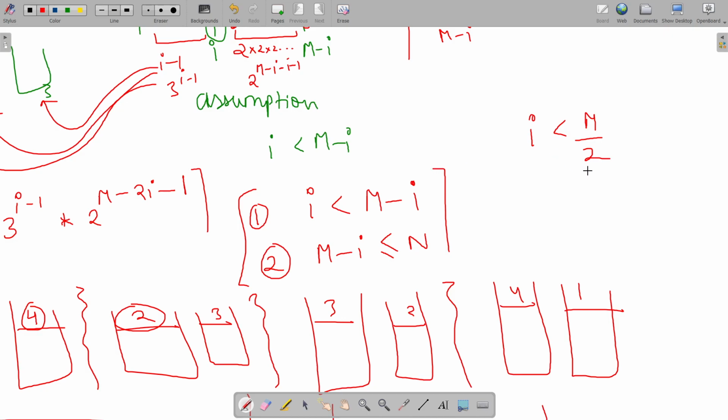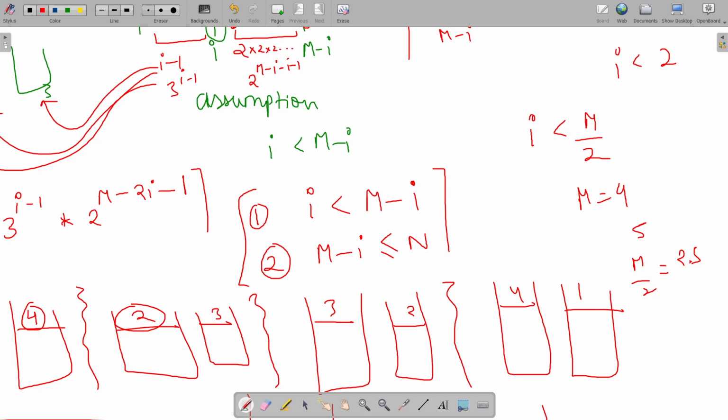Okay. So suppose, but here there is a small catch. Suppose m was equal to 4, right? Then in that case, m by 2 is 2. So I will be less than 2. Okay. But if m was 5, then m by 2 will be 2.5.